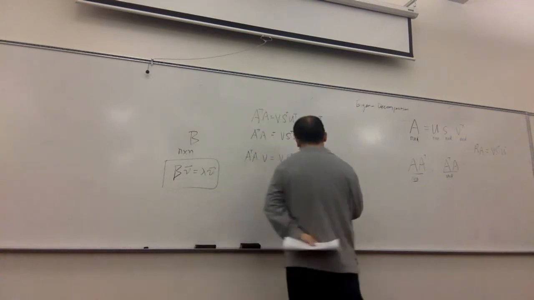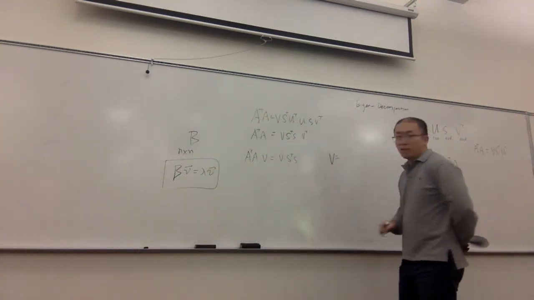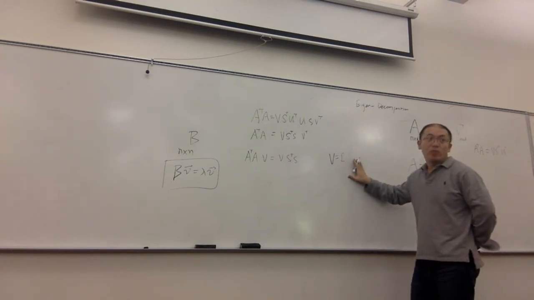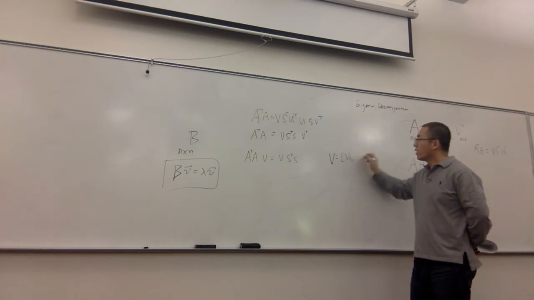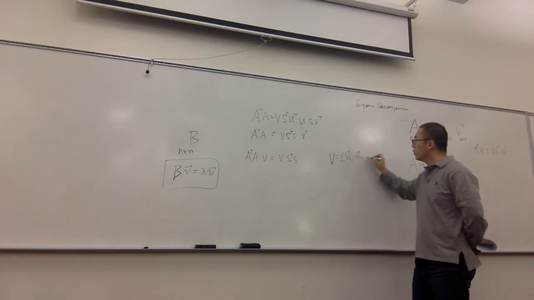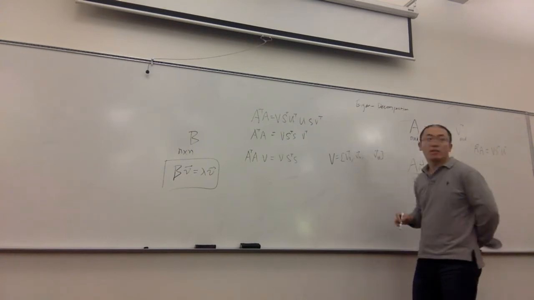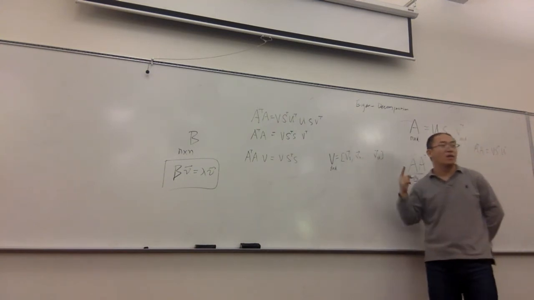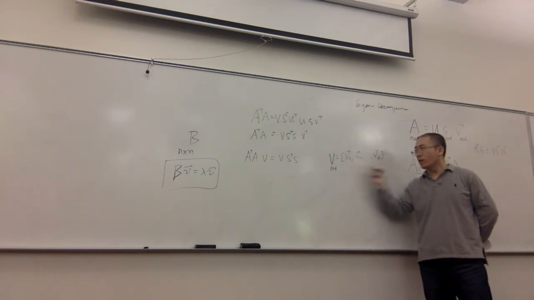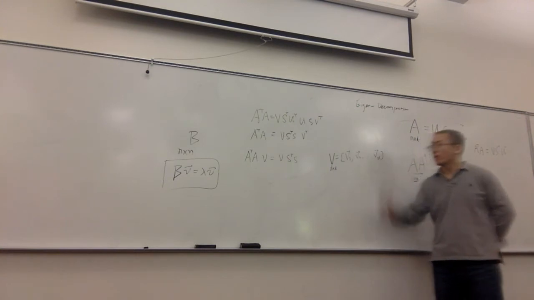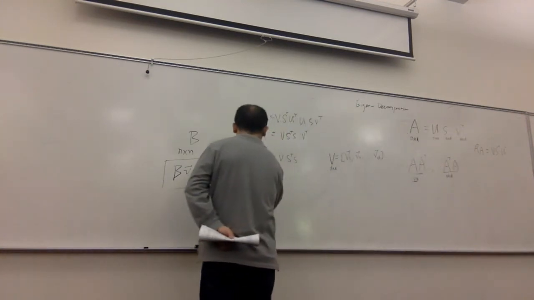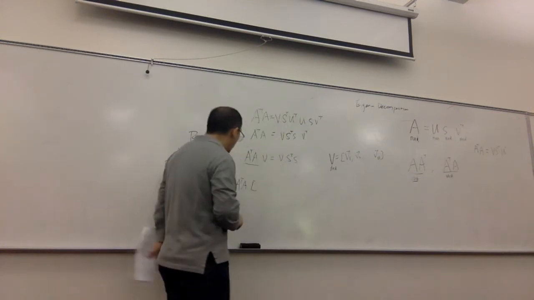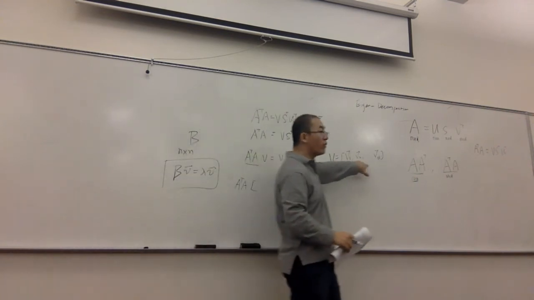Again, V can be treated as a set of orthogonal singular vectors. So we can write it as V1, V2, until Vd. And remember, V is a d by d matrix. So each column in V is called a right singular vector, and those columns are orthogonal to each other. Now, if we multiply A transpose A with V, it is actually multiplying A transpose A with each column.